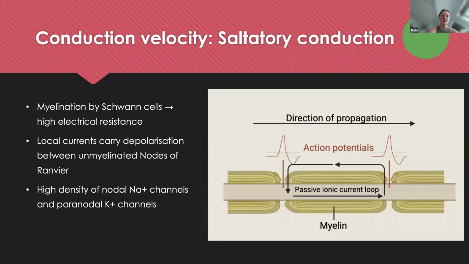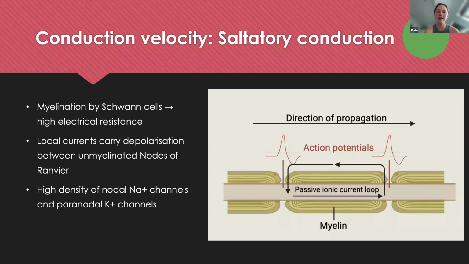The local currents are formed as the sodium floods in, it diffuses along the axon, and causes depolarization of adjacent sections of the membrane. That's simple local current. And then the area behind the action potential ensures that conduction only happens in one direction because the voltage-gated sodium channels are still in their inactivated refractory period.